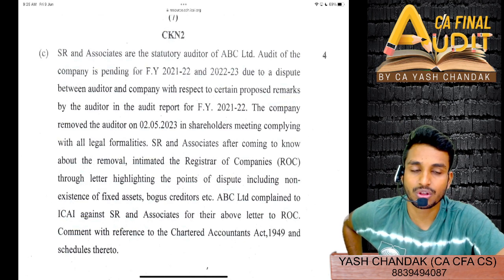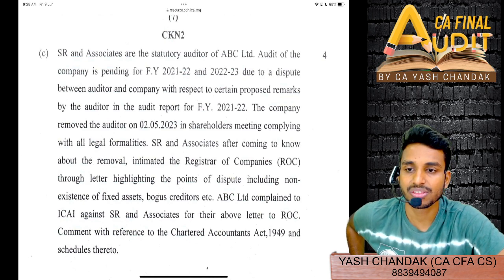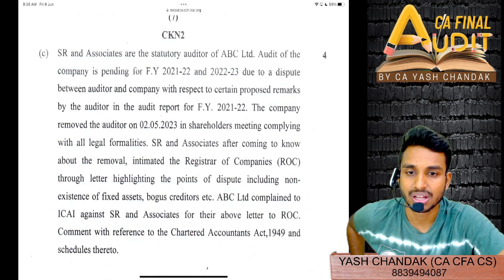Which schedule, which clause? Clause 1 of Part 1 of the Second Schedule, right? Confidentiality. Everyone on the same lines? Anyone with a different view? Anything else you can think of?